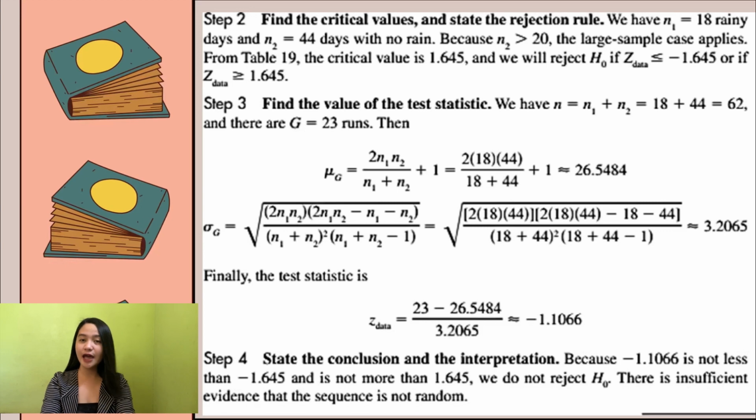Step 2 is to find the critical values and state the rejection rule. So we have n sub 1 equals 18 rainy days and n sub 2 equals 44 days with no rain. Because n sub 2 is greater than 20, the large sample case applies.